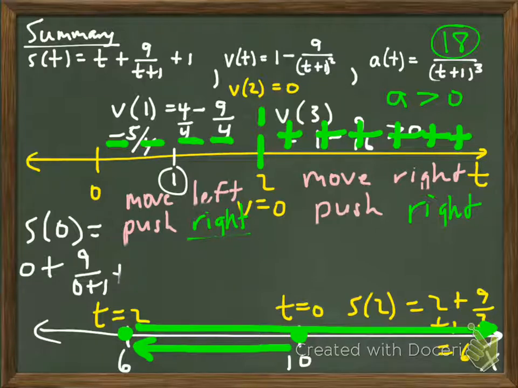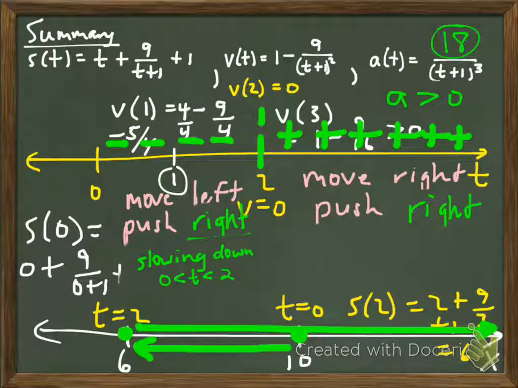Okay, so let me start over here, from t equals 0 to t equals 2, the object is moving left, but the acceleration is pushing right, and so therefore we are slowing down. And this object is slowing down from t equals 0 to t equals 2.